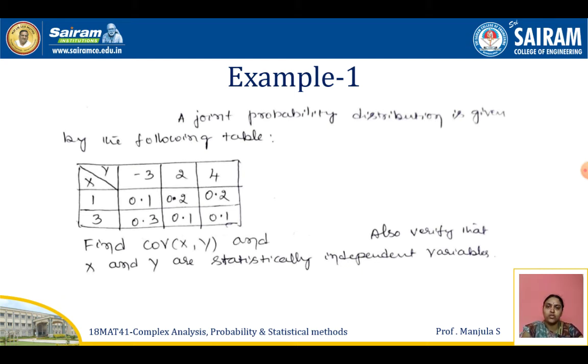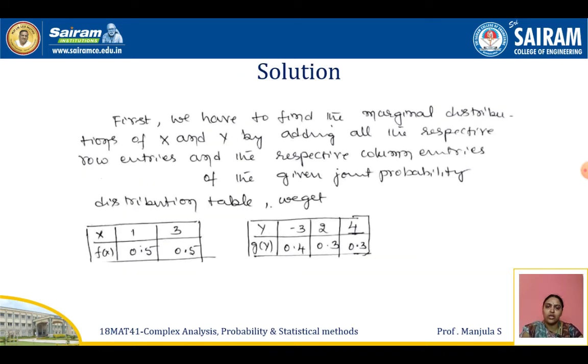They won't change, so write the y values as they are. Now add column wise. The first column value will be 0.3 plus 0.1, which becomes 0.4, and the next two column values will be 0.3, 0.3. So G of y will be 0.4, 0.3, 0.3. So we got the marginal distribution of x and y.